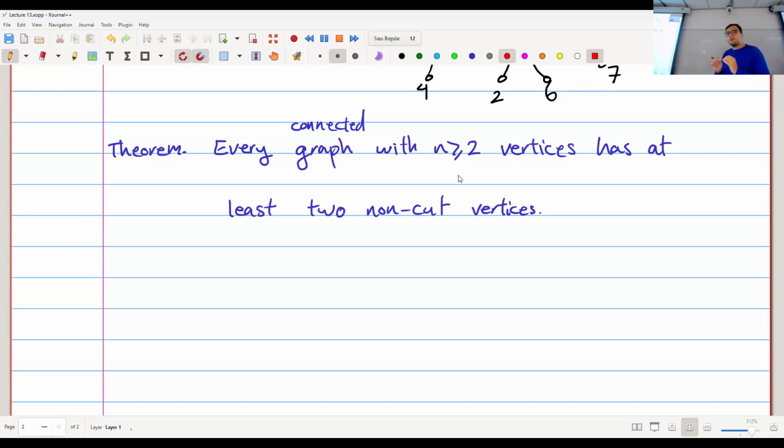But when I'm talking about paths, I know that the length of my path is at most n-1, because the length of the path was the number of edges in it, and I can see at most n vertices, and I cannot repeat any vertex, so the length of a path is at most n-1. So I can say, look at a path with maximum length. So let P, again, I'm going to call it V0, V1 to Vk, be a longest path.